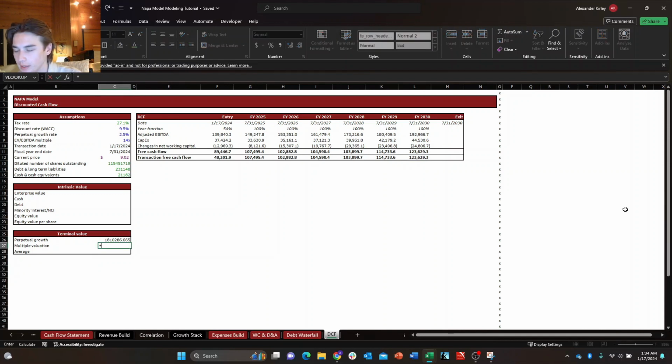And our multiple valuation is rather straightforward. We're going to take the same last year free cash flow and multiply it by our EV/EBITDA. We see that these are somewhat similar, which is a good sign. And we'll do an average of both of these.